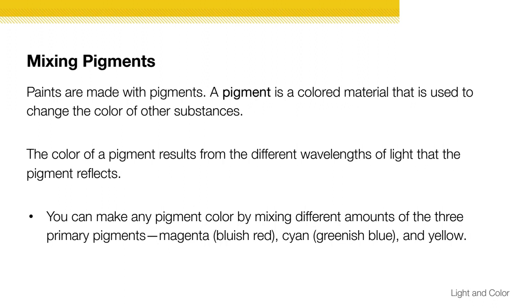The three primary colors of pigment are red, blue, bluish green, and yellow. We call them magenta, cyan, and yellow. So if you've ever seen a printer cartridge, it's going to be in magenta, cyan, and yellow. So red, green, blue, those are primary colors of light. Magenta, cyan, yellow, those are primary colors of pigment.